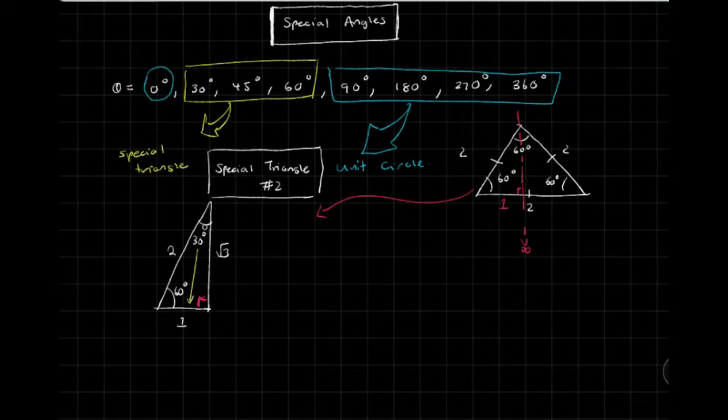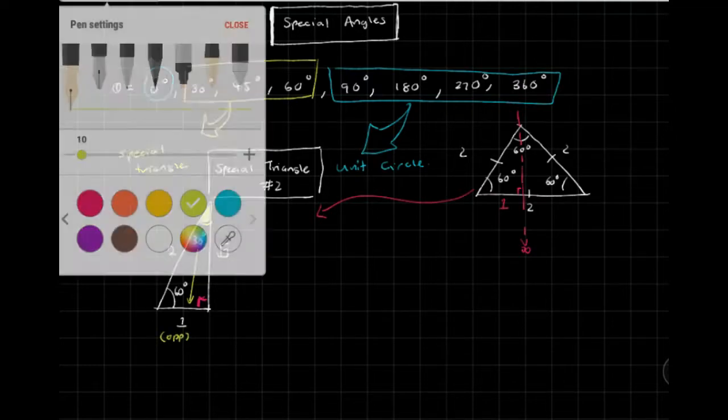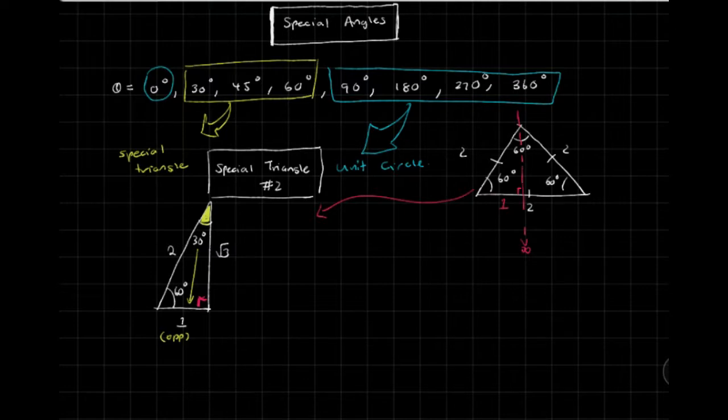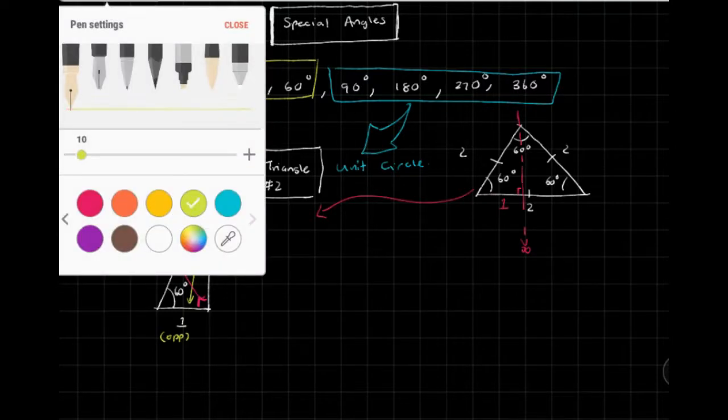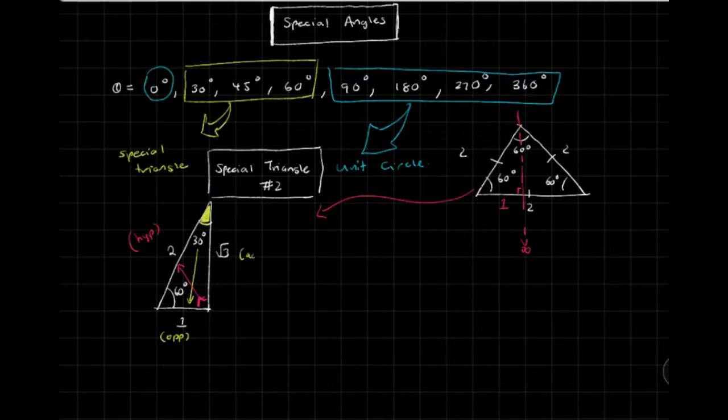So let's start with our reference angle of 30 degrees. Okay, so I'm going to start with 30 degrees here. And in this case, now this becomes the opposite side, right? Across from the right angle will always be your hypotenuse, and then this guy, as a result, will become the adjacent side. Okay, so now we can see here that sine 30 degrees is equal to opposite over hypotenuse, 1/2.